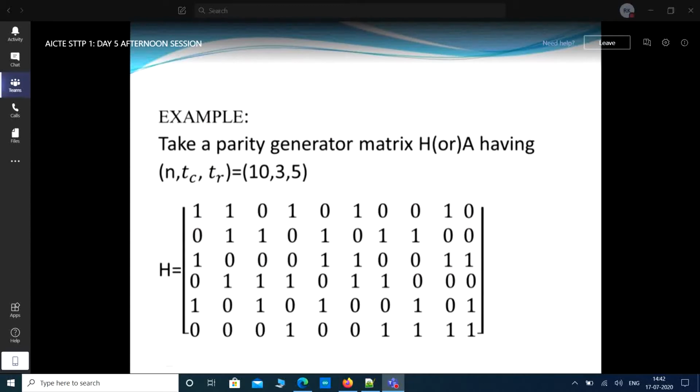Let me take one example. Actually, the minimum length of an LDPC code is about 1000 bits, but initially I will take a small block to explain the generation, because 1000 bits is very difficult.